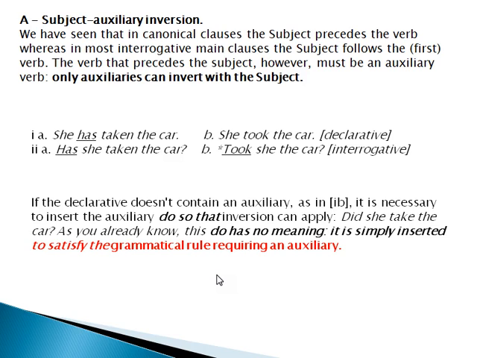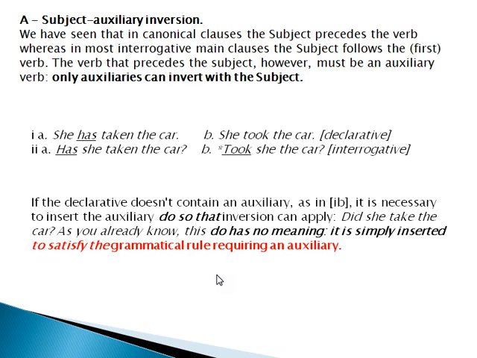Now, if you take a look, putting do here, did because it's past, is not the only change we cause in that sentence. What is the other change? The verb changes. Now let me ask you about something that you have just seen 10 minutes ago.